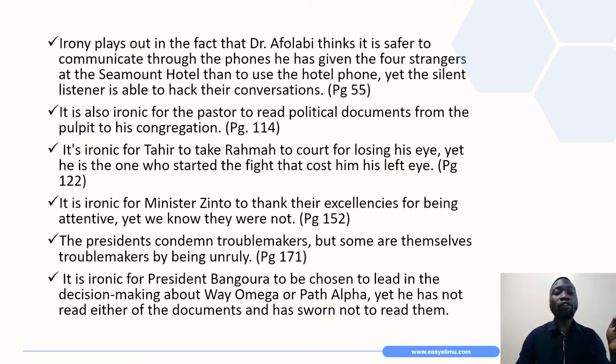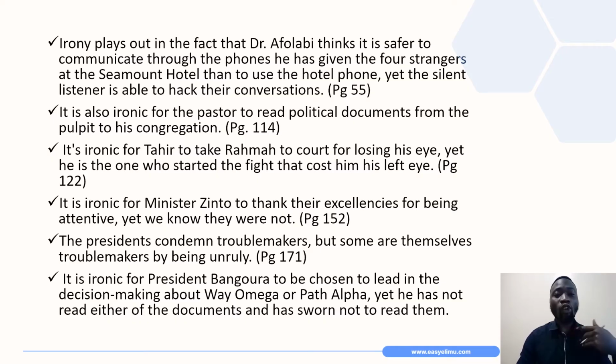So it is also ironic for the pastor to read political documents from the pulpit to his congregation. Remember, preaching is all about religion, it is all about God and being saved and everything.